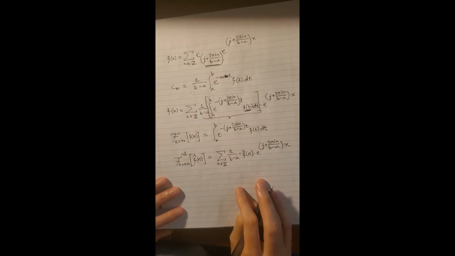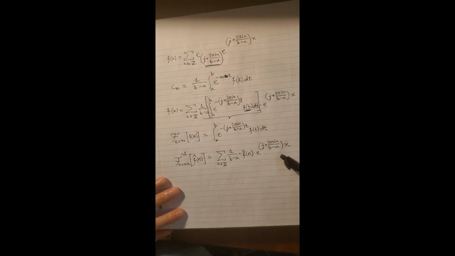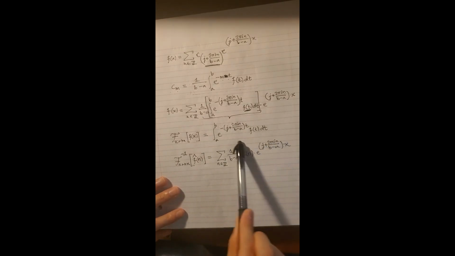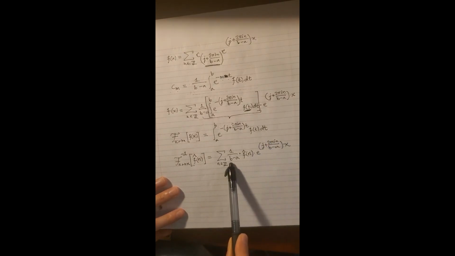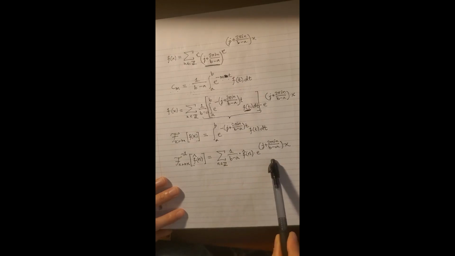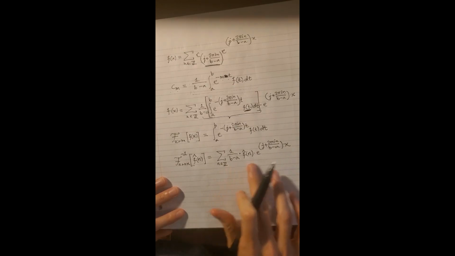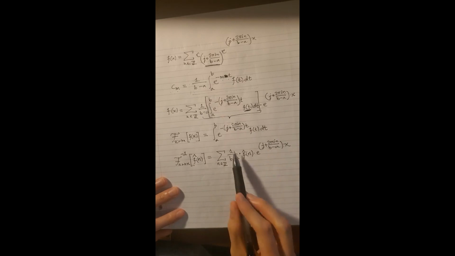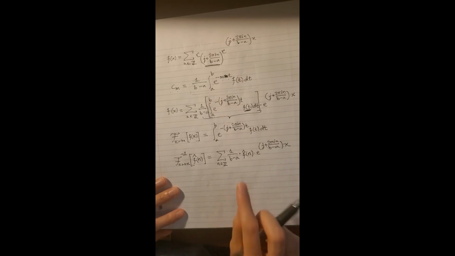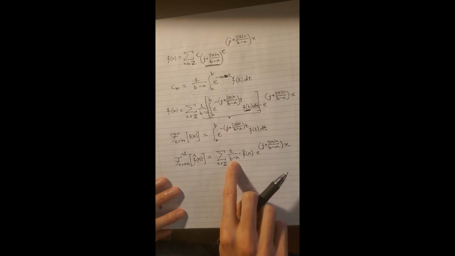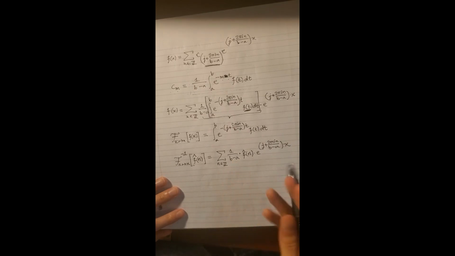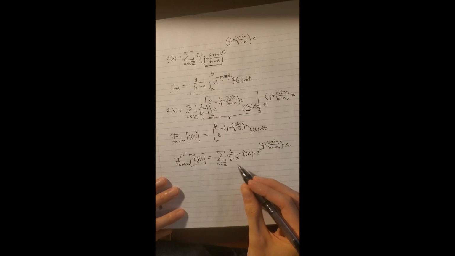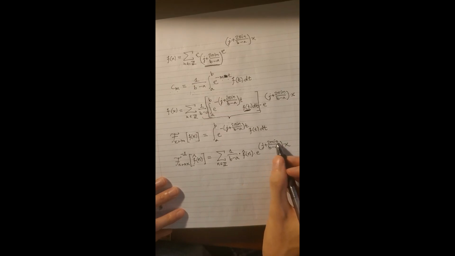Okay, so these are already looking like Fourier transforms. This is just right off the bat an integral. You can see it. This is going to become an integral. It's actually of the form of a Riemann integral. This 1 over b minus a is going to be the dx. If we replace this 1 over b minus a with delta w or something, then this would be n times delta w.